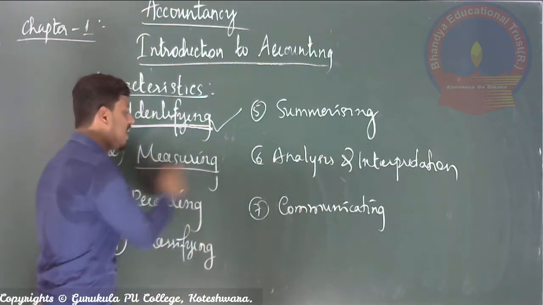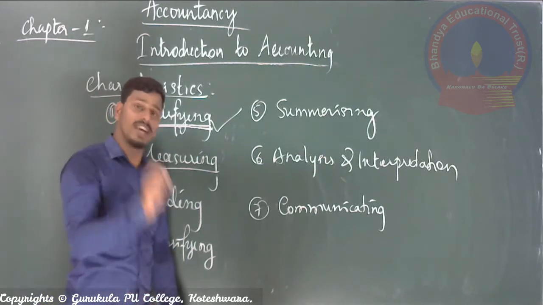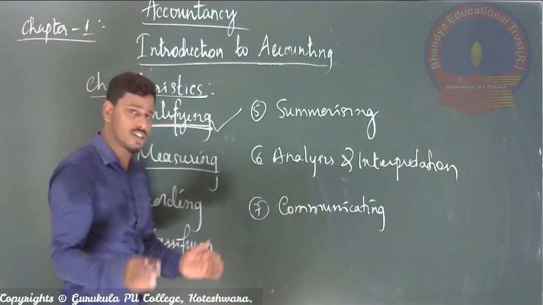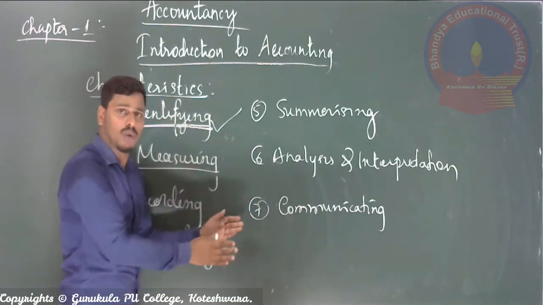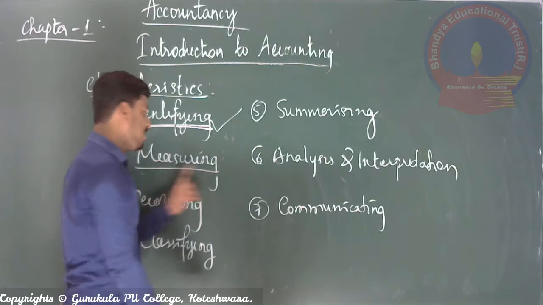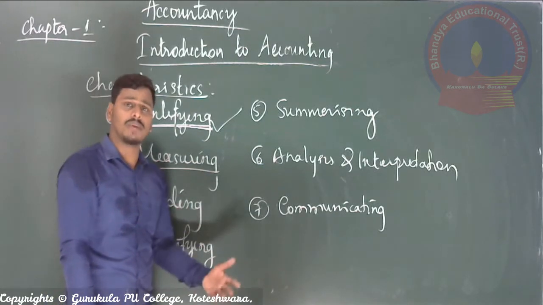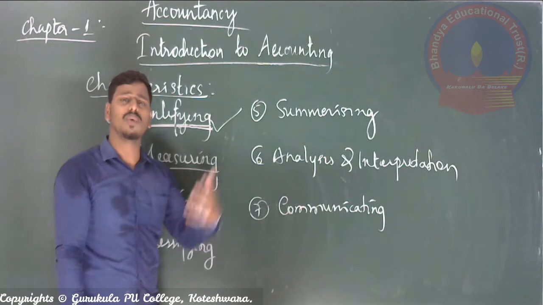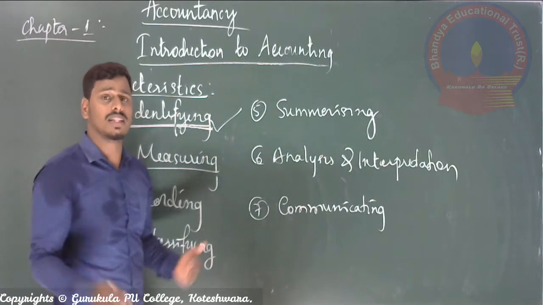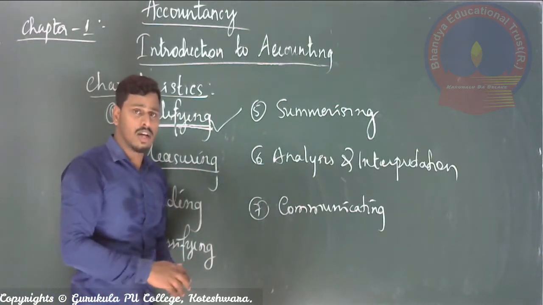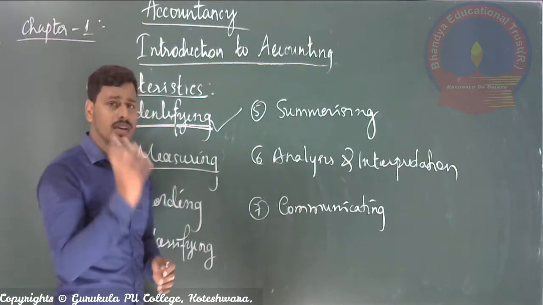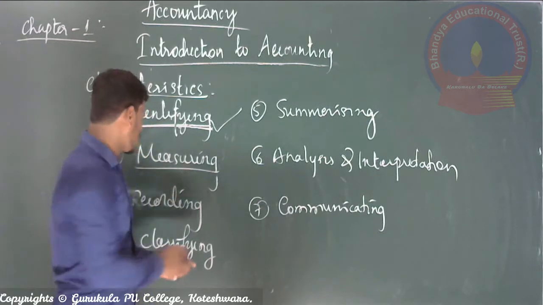So measuring is nothing but checking or fixing or giving the monetary values for all the transactions which we have categorized as economic, to record in the books of account. For example, it may be 1 rupee, 2 rupees, 5, 10, 10,000, 1 lakh, 1 crore. These will be the monetary values of the transactions. So after finding it and fixing the values in monetary terms for the transaction, it is called measuring.